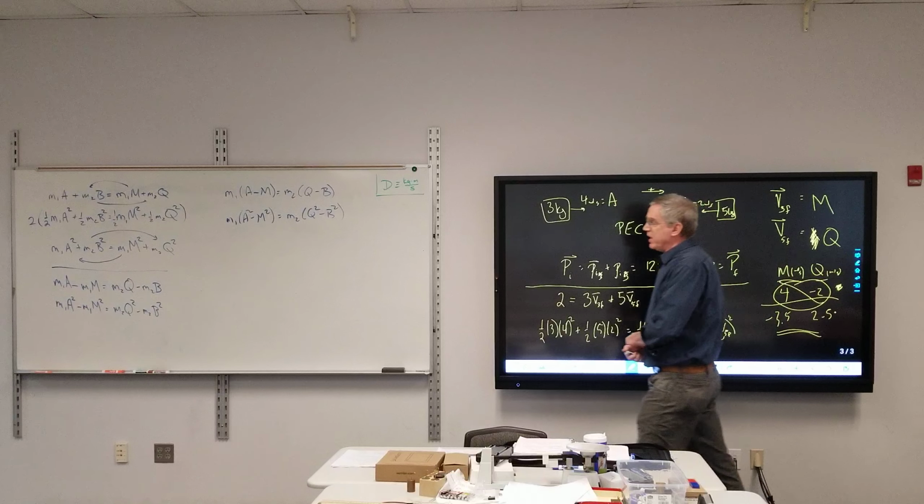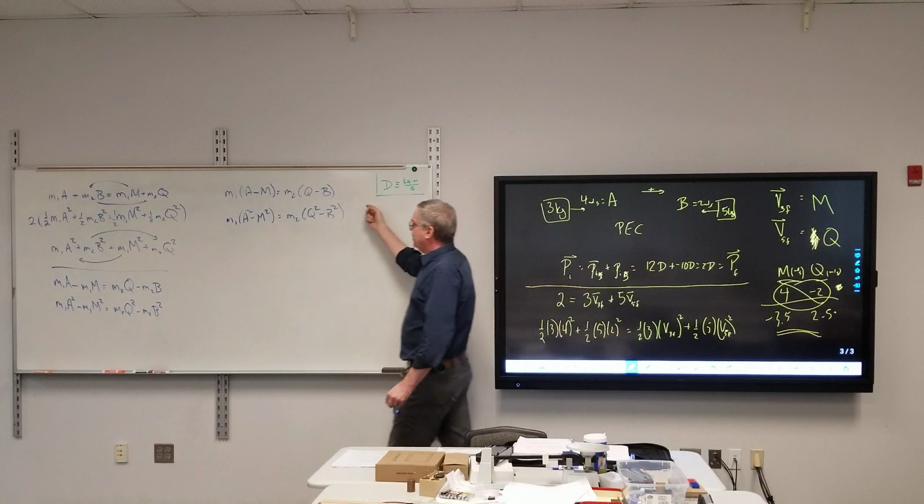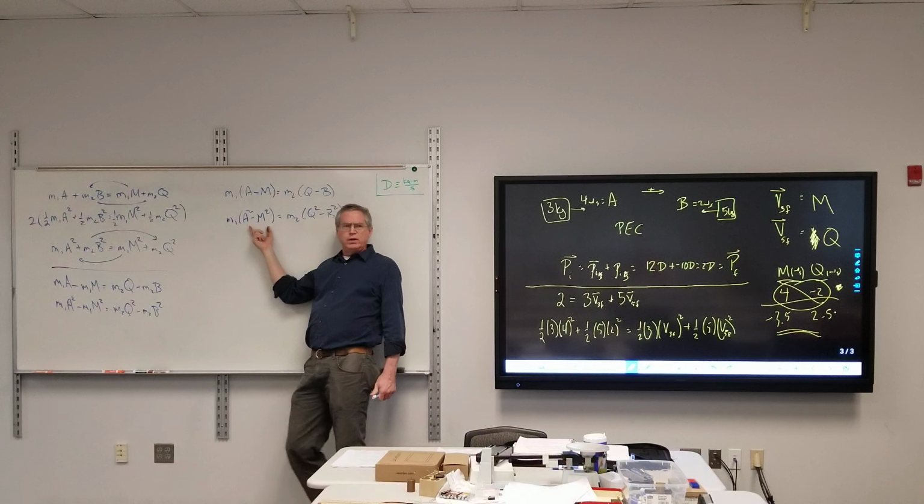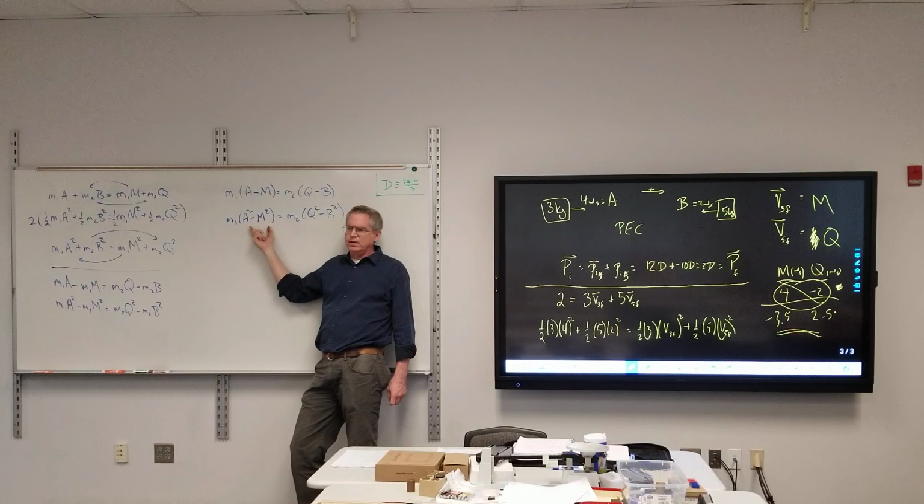All right, let's keep factoring that second equation. A squared minus M squared. What is that? How does that factor? Difference of perfect squares.